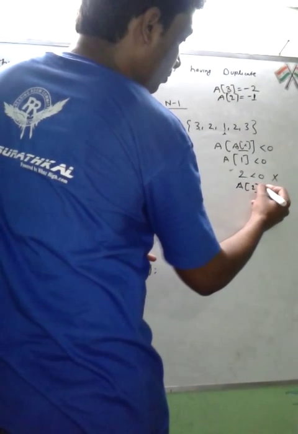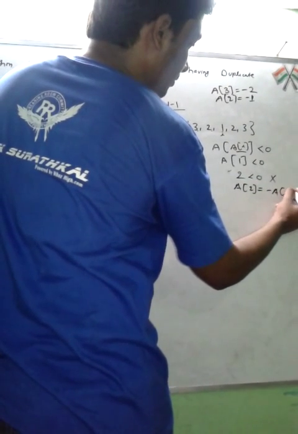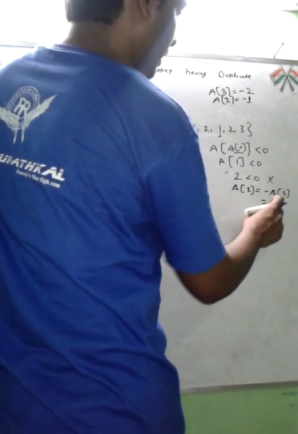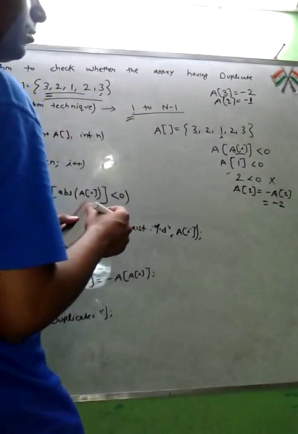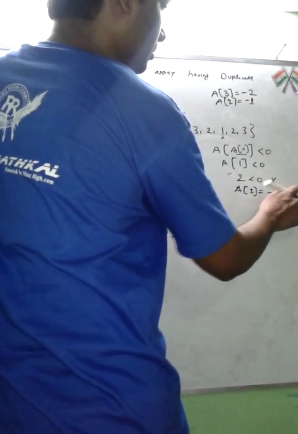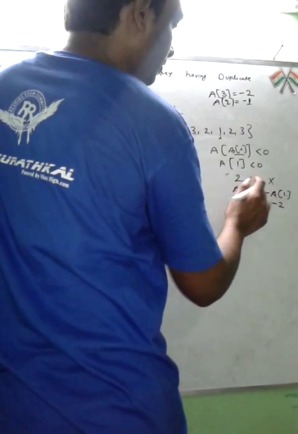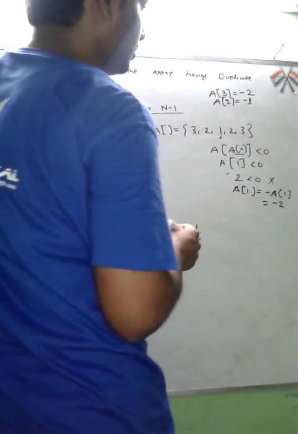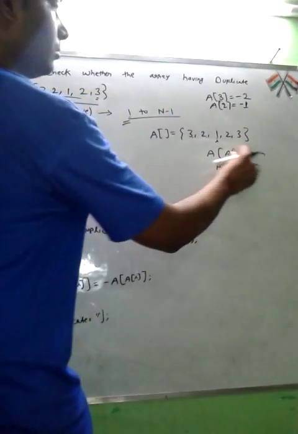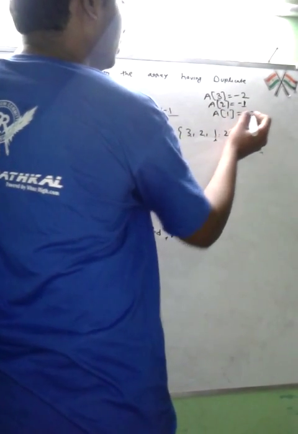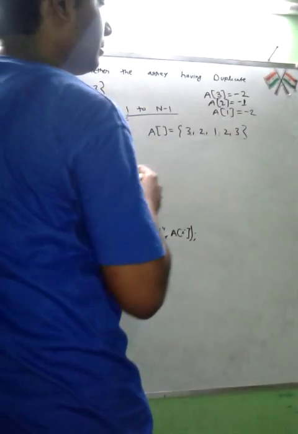So a[2] equal to minus a[2], that means minus 2. At the position of 1 there will be a minus 2. Again we will increment the i.